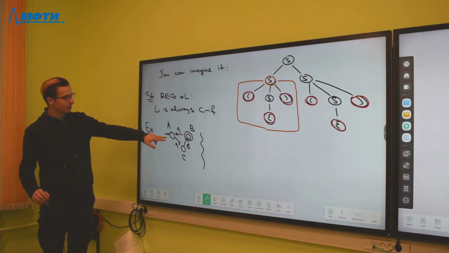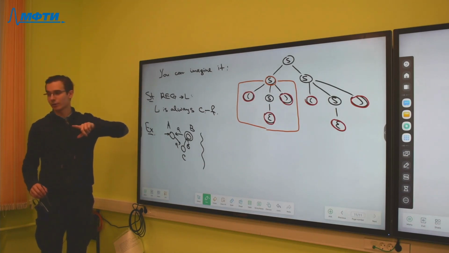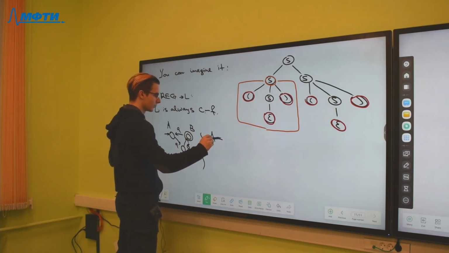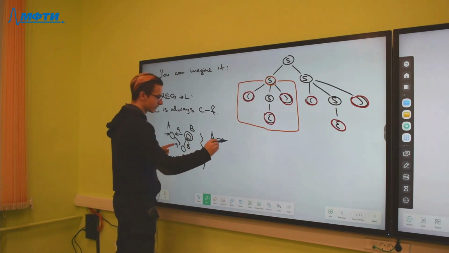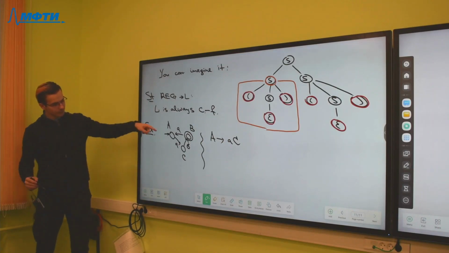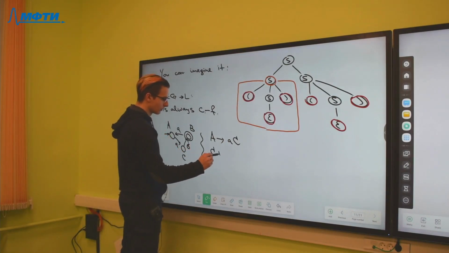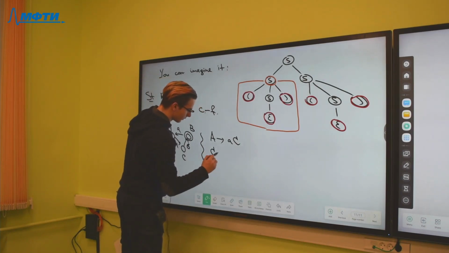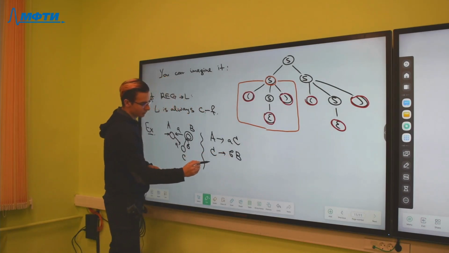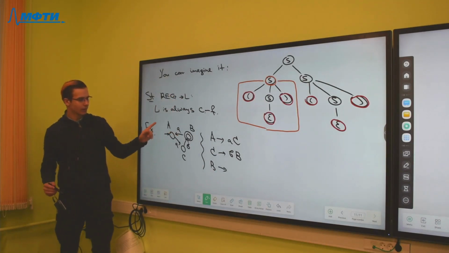And then we replace edges with the laws in the grammar. We can replace A with the character A, C, C, B, AA, yeah.